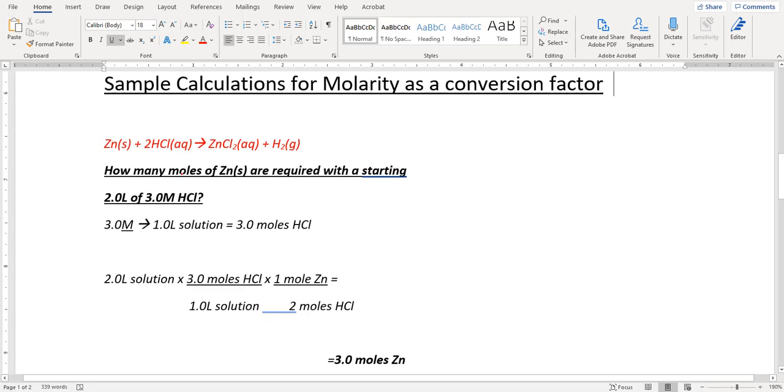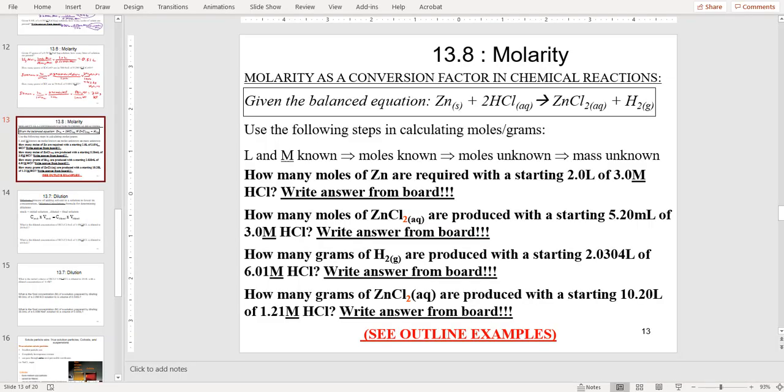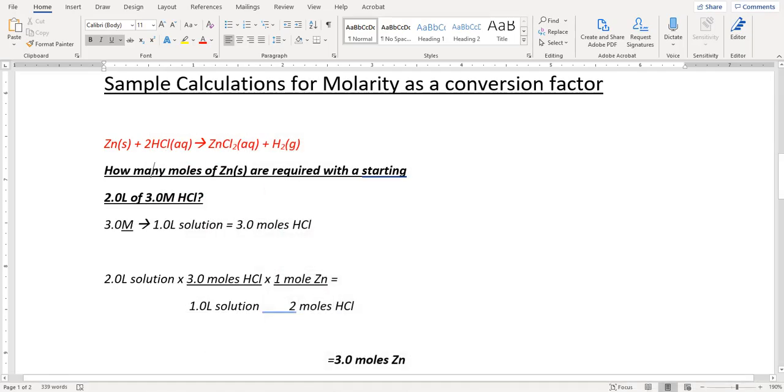Alright, so given a balanced equation, as you see here, how many moles of zinc sulfide are required with a starting 3 liters of 3.0 molarity HCl? In short, I just simply copied the questions you see on slide 13, and then I worked out the problems.